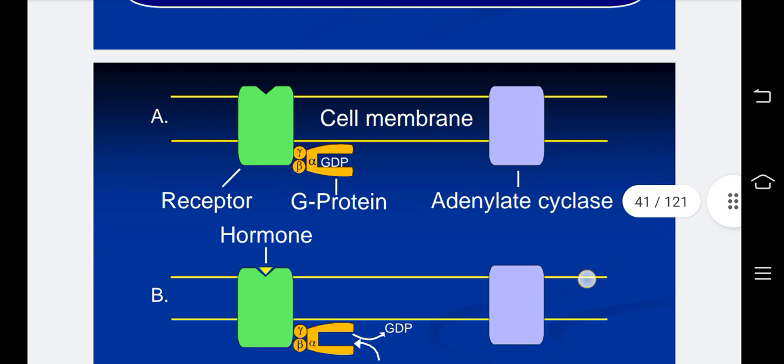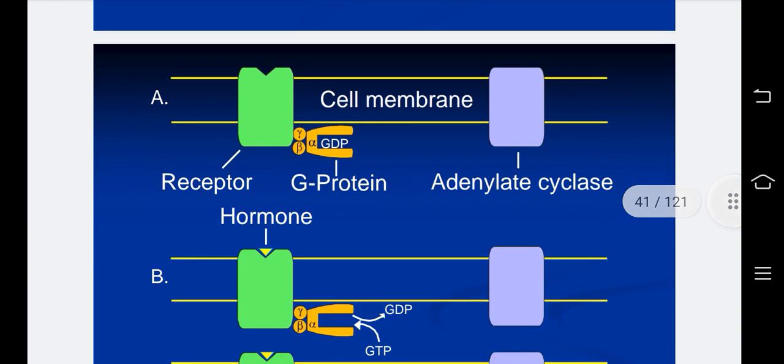Here you could see cell membrane is there, receptor is there. G protein in the inactivated GDP stage is there. Then adenylate cyclase is also freely situated there. Then some sort of hormone is attached to the receptor.